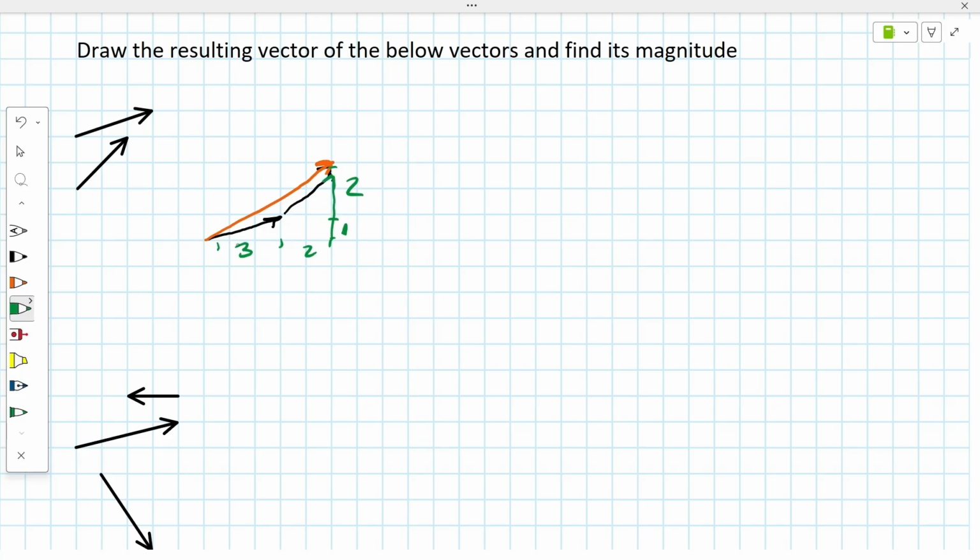So now we found our components, and we can go ahead and find the magnitude of this resulting vector using the formula from before, where v equals, and I'll just use v for vector in this case.